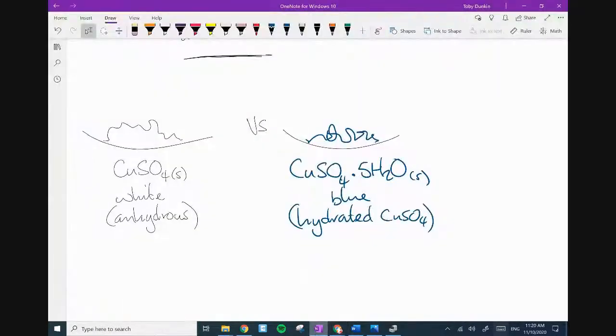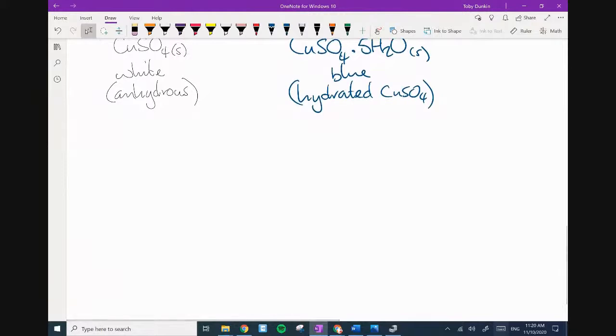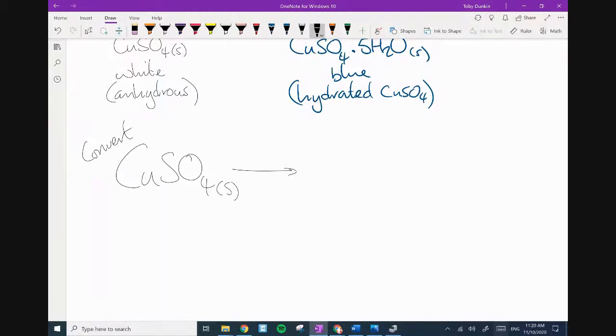Now, here's the thing. If I wanted to convert anhydrous copper sulfate into, I'm going to add 5 waters, and I'm going to form hydrated copper sulfate.